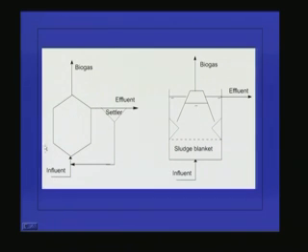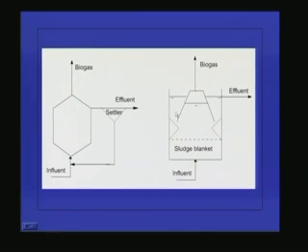The modified form of this anaerobic contact process is the UASB reactor. This is the schematic of a UASB reactor. The influent is coming here. We will have anaerobic bacteria here, and the effluent goes upward and we collect it from here. But in the reactor itself, some provisions are provided.